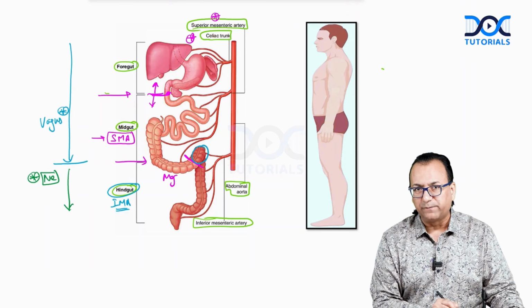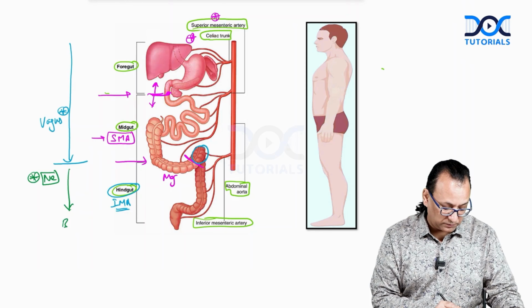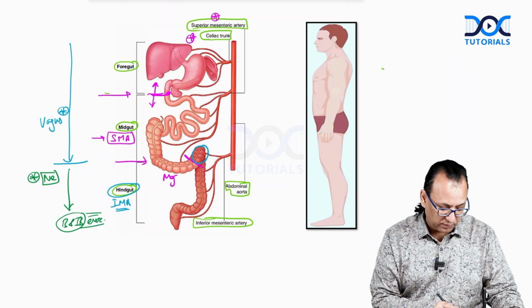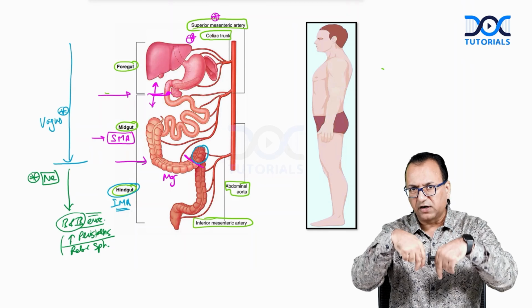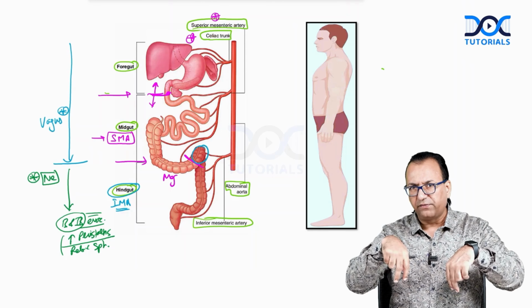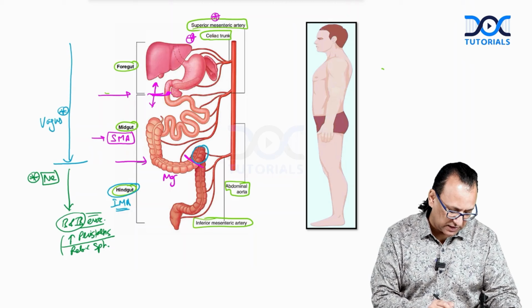Now, this is the parasympathetic system we are talking about, and the parasympathetic system causes bladder and bowel evacuation. How does it do that? By increasing the peristalsis and relaxing the sphincter. If you increase the peristalsis and relax the sphincter, then whatever the content is, it will go out. Fecal matter goes out, defecation; urine goes out, urination. So urination and defecation are under the parasympathetic system.